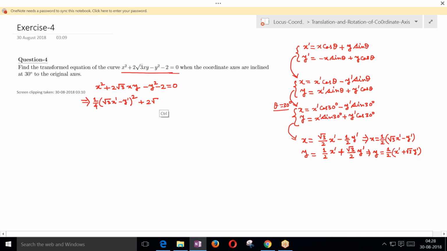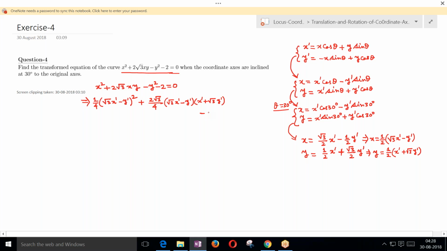So what can we write? We can write 2 root 3 by 4, into root 3 x dash minus y dash, into x dash plus root 3 y dash, minus y square. Minus y square means what?